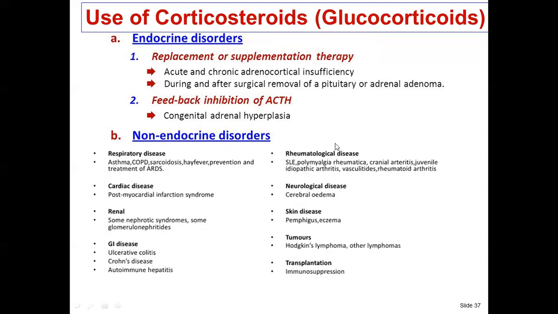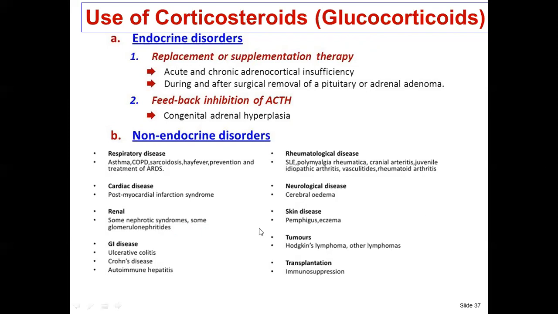Most common use is for rheumatological disease like autoimmune disorder, SLE, lupus nephritis, polymyalgia rheumatica, or cranial arteritis, vasculitis, also rheumatoid arthritis. Other neurological diseases like cerebral edema, steroid can reduce the edema.